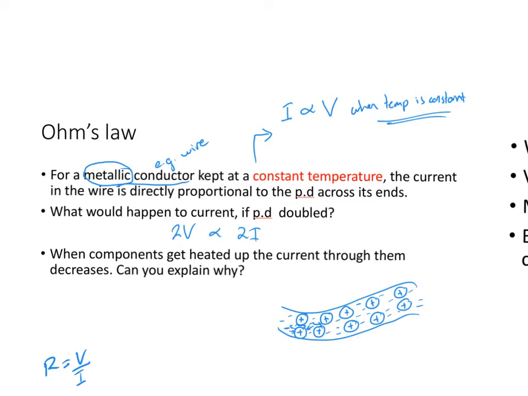And the more it heats up, the more energy goes to the positive ions, which makes them vibrate more. The more they vibrate, the harder it is for electrons to pass through them, which means there's going to be more frequent collisions, which leads to a higher temperature, and so on and so forth.